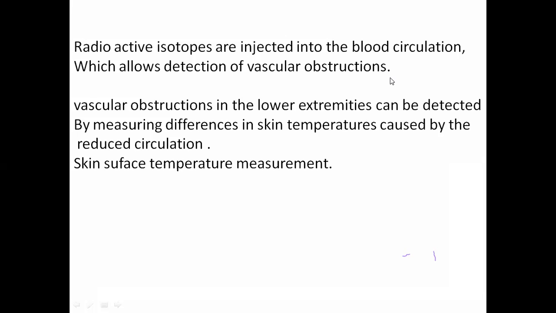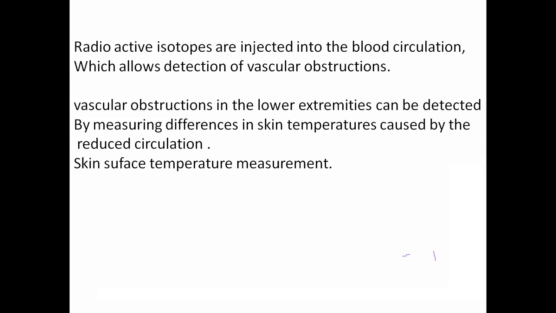Generally a heart attack is caused by some obstructions in the arteries and veins. Those obstructions in the blood vessels can be detected by using radioactive isotopes injected into the blood circulation.